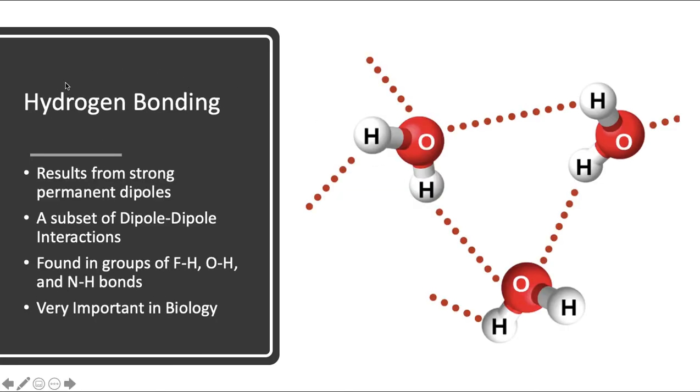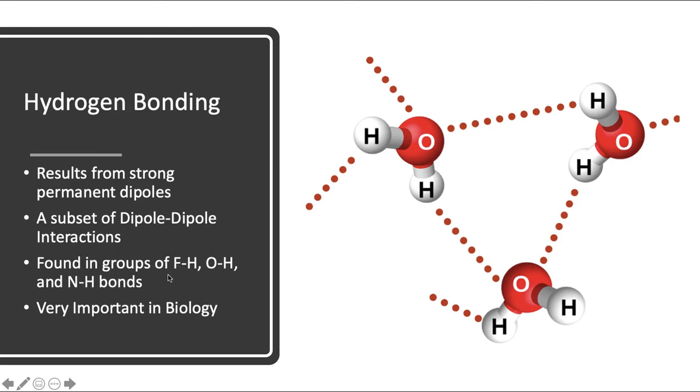The next type of interaction, and the strongest that we're going to talk about, is called hydrogen bonding. This results from a really strong permanent dipole. It is a subset of dipole-dipole interactions. It's a special case of dipole-dipole interactions because it only occurs in specific types of molecules.